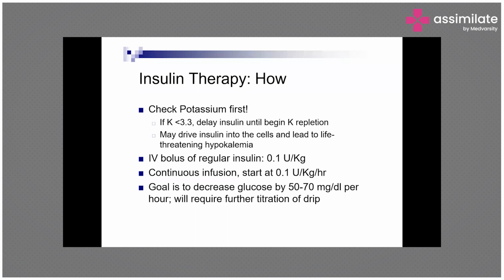Our goal is to reduce the glucose by 50 to 70 milligram per deciliter per hour. And the titration should be according to this much drop only. If the glucose levels drop by more than 100 milligram per deciliter, we may have to reduce the insulin infusion by half.